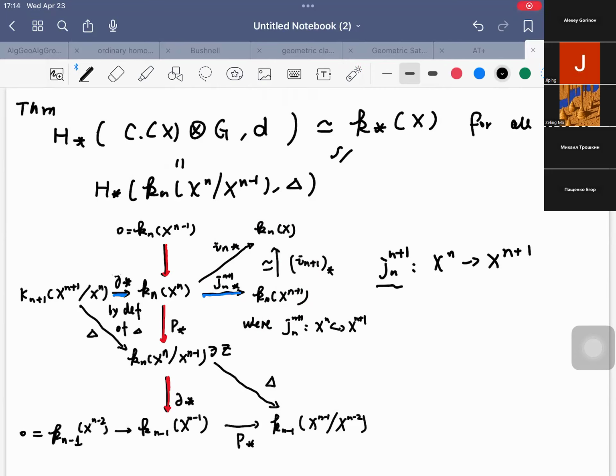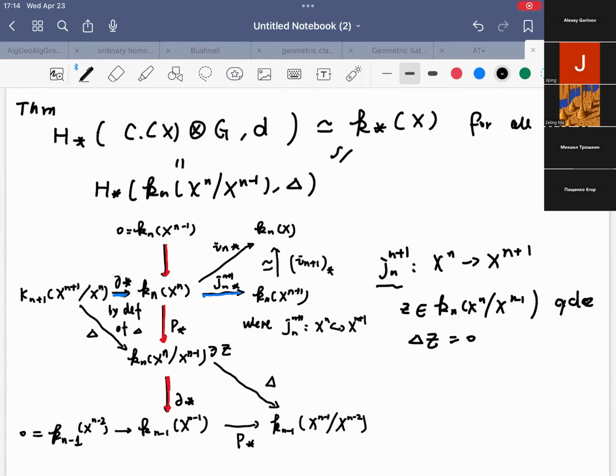So now we need to compute something. First the K of X, X minus 1. If Z is a cycle, this means partial Z equals 0.